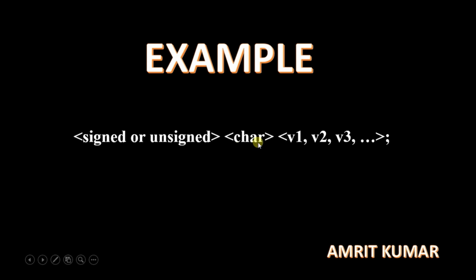And we will also read about the rules and regulations: when signed is used with char, when signed is used with integer, and all the rules that are needed in C language. So these are our modifiers, I have used the data type char, and the variable list is v1, v2, and so on.